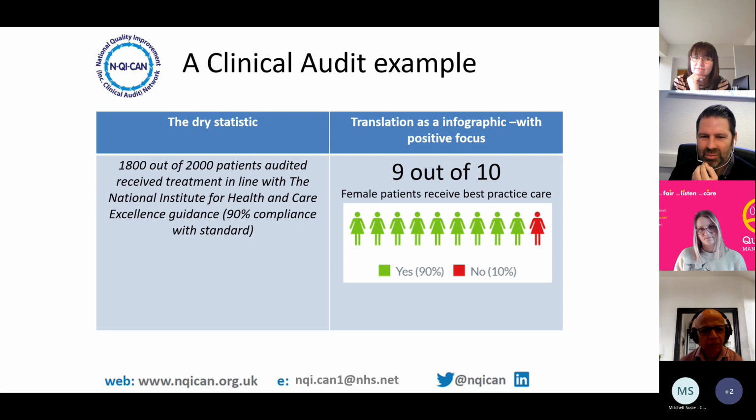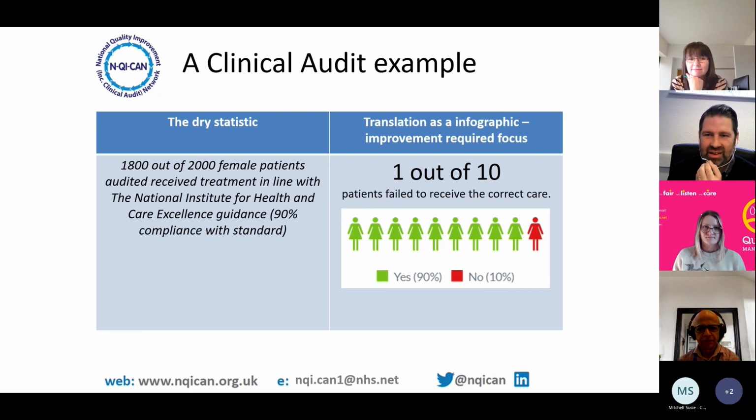So the positive spin on that would be 9 out of 10 patients receiving best practice care, and that identifies a success, and we're happy with that result and we want to share it, etc. But on the flip side of that, there's still 1 in 10 patients not receiving the right care. So we could do our infographic with an improvement required focus to say 1 out of 10 patients are still not receiving the correct care when they were treated.